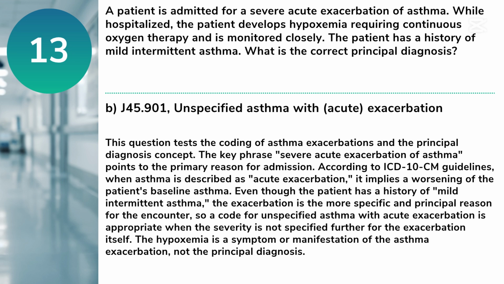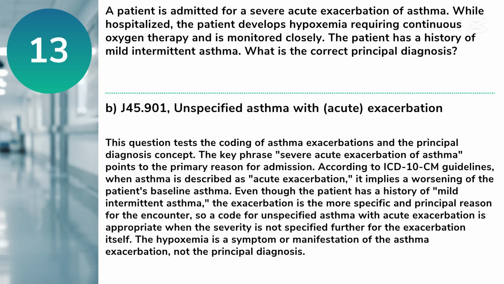J45.901, unspecified asthma with acute exacerbation. This question tests the coding of asthma exacerbations and the principal diagnosis concept. The key phrase, severe acute exacerbation of asthma, points to the primary reason for admission. According to ICD-10-CM guidelines, when asthma is described as acute exacerbation, it implies a worsening of the patient's baseline asthma.